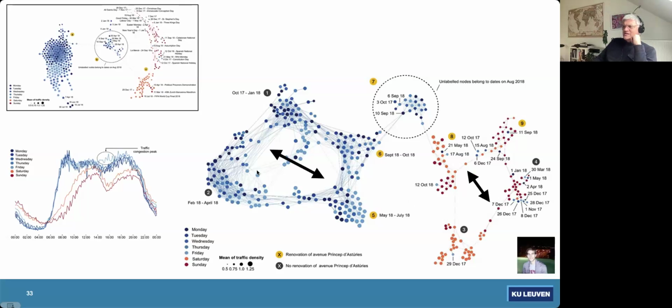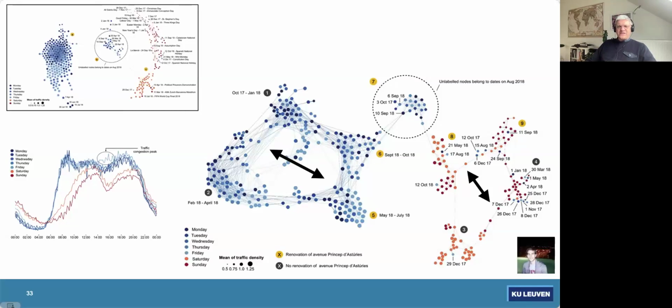What happens is basically that this is pulled apart and this is pulled apart. And then you start looking, okay, why are these two pulled apart? Why are these now not similar anymore to these ones? Because they were before. And looking at the data, apparently these days, the ones with the yellow numbers, there was a renovation going on on one of the main roads in Barcelona. That's information that you can find based on this.